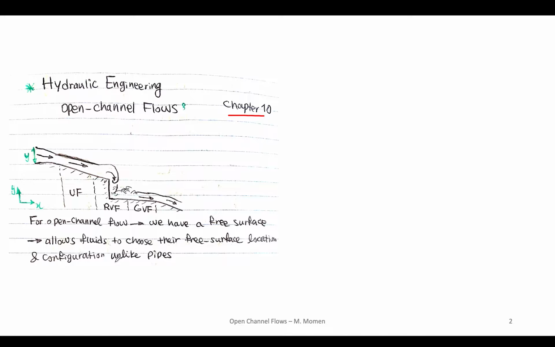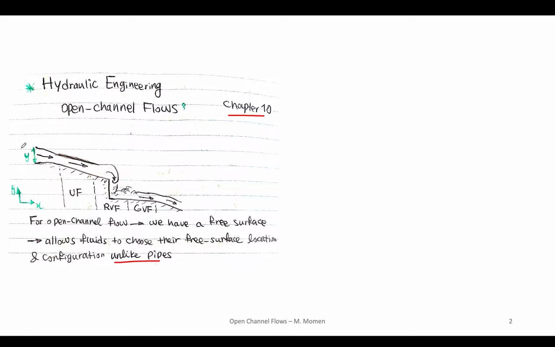And this is unlike pipes. In pipe systems, we did not have this one free parameter, right? In pipe systems, most of the time, the depth of the flow was equal to the diameter of your pipe, right?